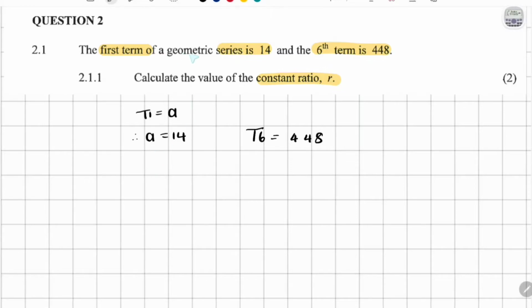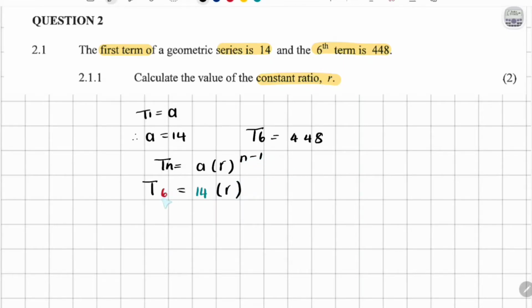So the Tn formula of a geometric series or sequence is Tn is equal to a multiplied by r raised to the power of n minus 1. And we're just going to substitute everything we have. We have the value of a, we have T6 as well. So term 6 is equal to 14 multiplied by r, which we don't have and we're looking for, to the power of n minus 1.